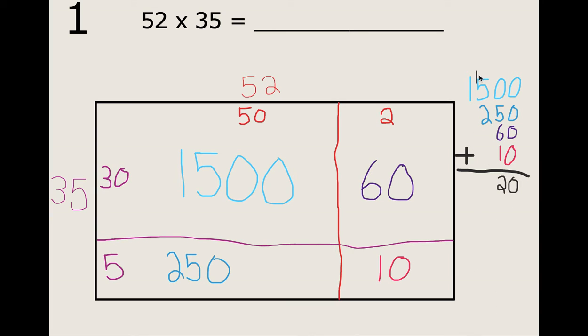So there's my 2 and I carried the 1. 5 plus 2 is 7, plus 1 is 8. So there's my 8. And 1 isn't added to anything, so we just bring that 1 down. And so there we have our product for 52 times 35, which is 1,820.